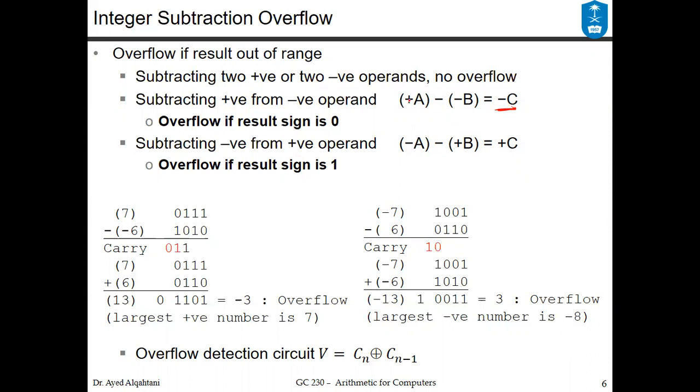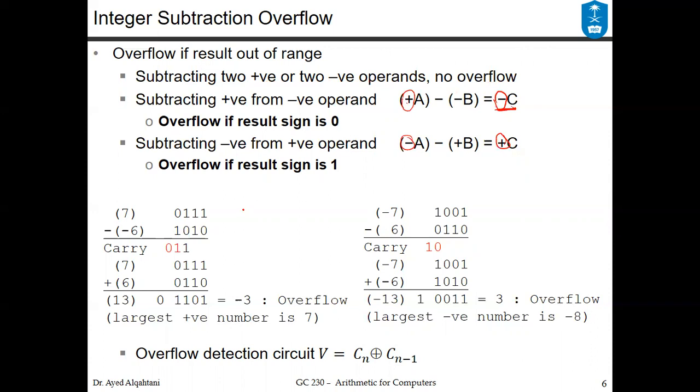If you want to make sure that there is no overflow, you check the sign of the result and match it with the first operand. If they differ, then there will be an overflow. The other cases, when you subtract 2 positive numbers or 2 negative numbers, there will be no overflow.